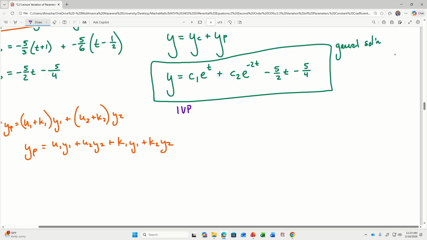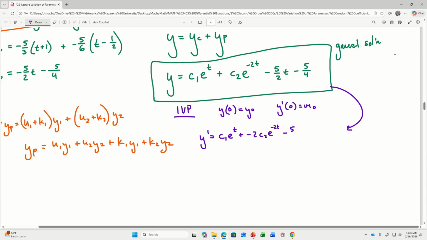For the initial value problem, we would have to take this general solution and then take the derivative. So we would have y prime equals c1 e to the t plus negative 2 c2 e to the negative 2t minus 5 over 2.